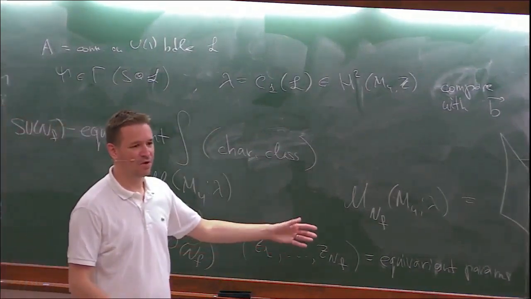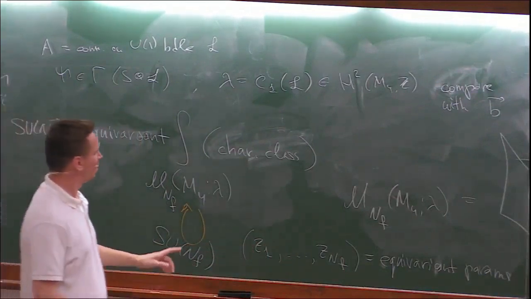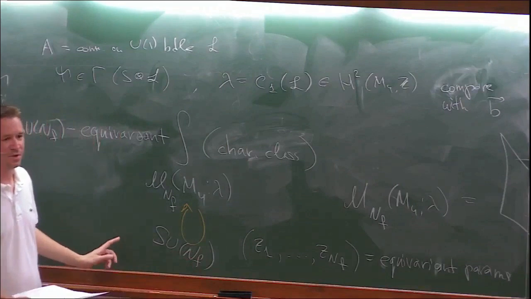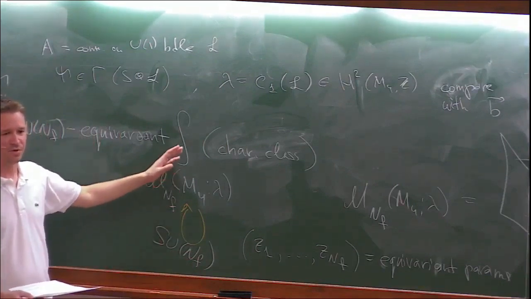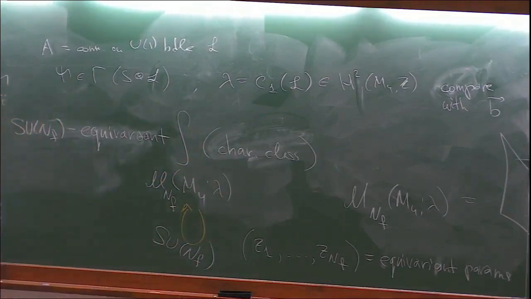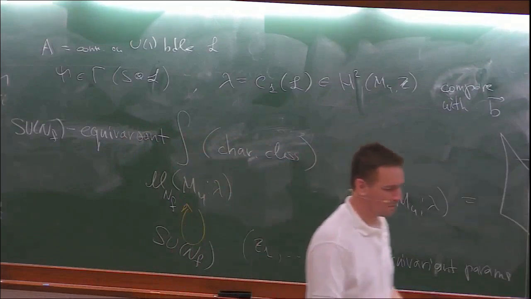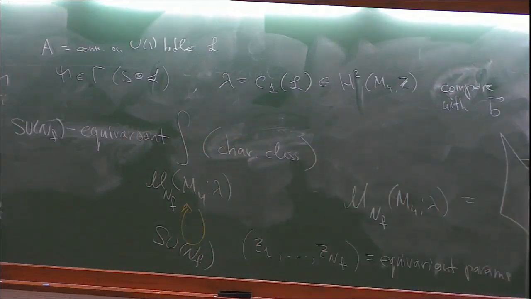Then we may have hope to get something sensible if, and that's a big if, the fixed points of this SU(n_f) action are compact. Then we can reduce everything to the usual integral, apply Atiyah-Bott localization, and extract the answer. Okay, so that's a sensible problem.